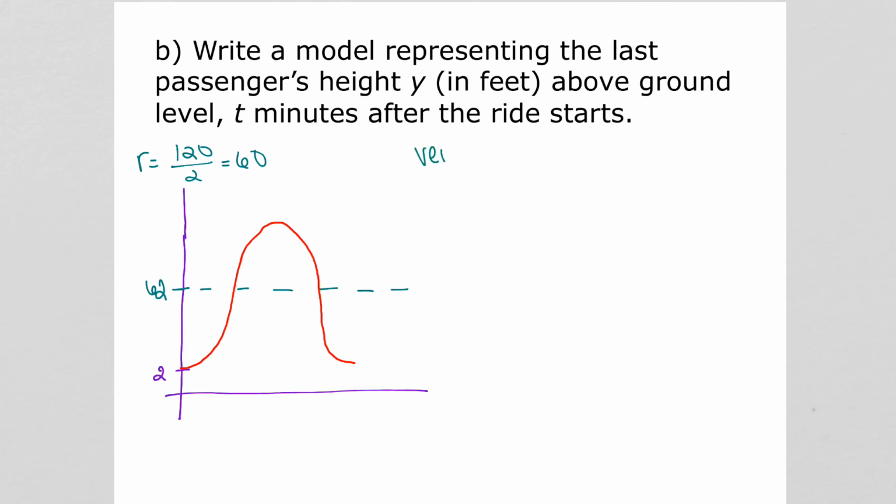So the vertical shift is starting at 2 and then adding the radius of 60. So it's 62 feet up for our midline. To find the period, we know that the period is 2 minutes. So the period is 2.